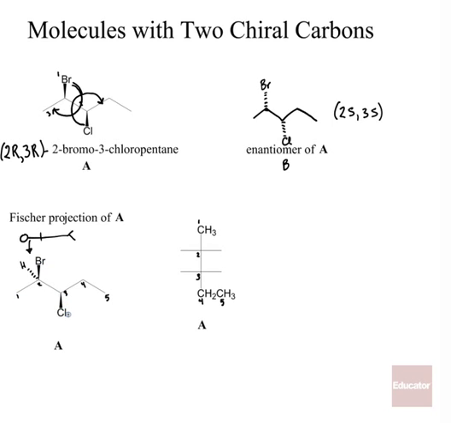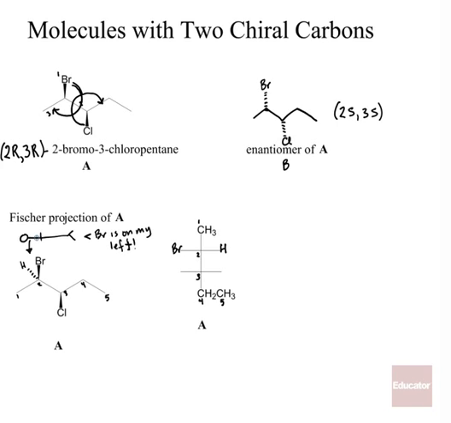And where is that bromine? If I'm lined up in this perspective and I'm in the plane, the bromine is going to be on my left. So on carbon 2, I'm going to draw the bromine on the left, hydrogen on the right. Now how about for the chlorine?